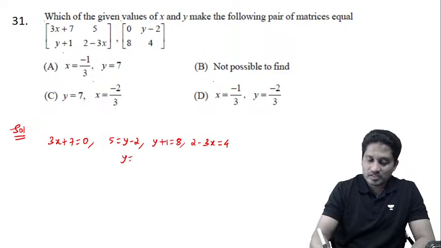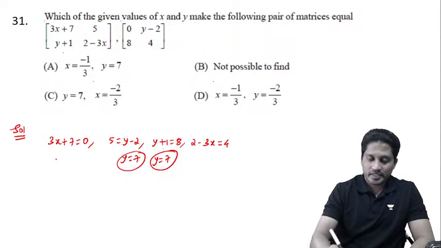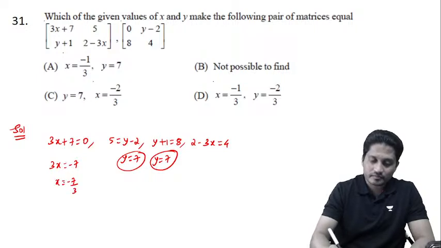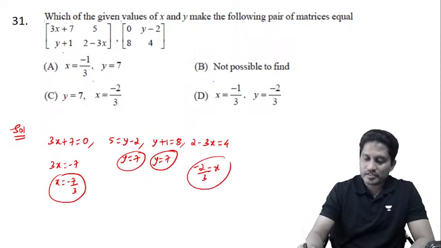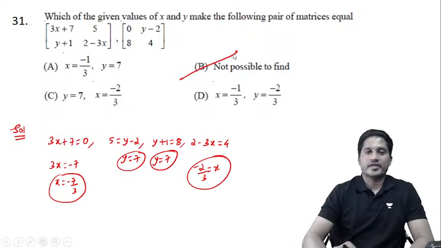From this, y is equal to 7. Here also I get y equal to 7, so obviously the value of y is unique. But here I get 3x is equal to minus 7 by 2, and then you get minus 2 by 3 is equal to x. I'm getting two values of x which doesn't satisfy this. Not possible to find.